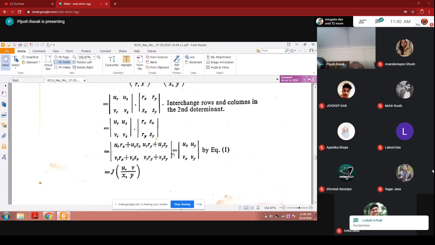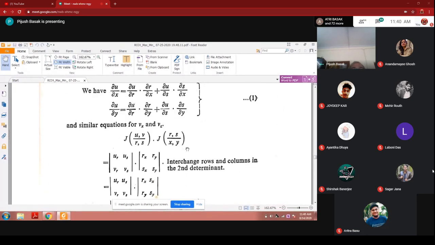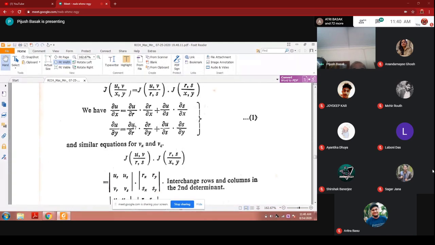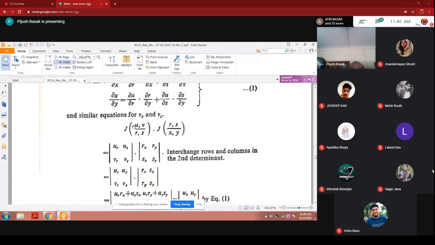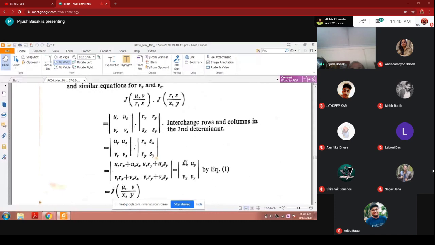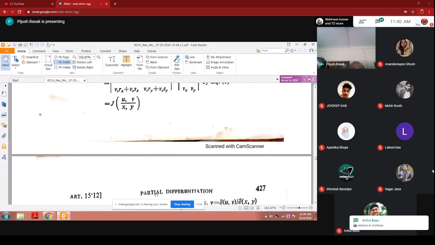So now it is UX as per definition, because we have just found that out. So we can write UX, UY in the first row, and the second row will be VX, VY, and that is the Jacobian of UVXY. So what is the result?